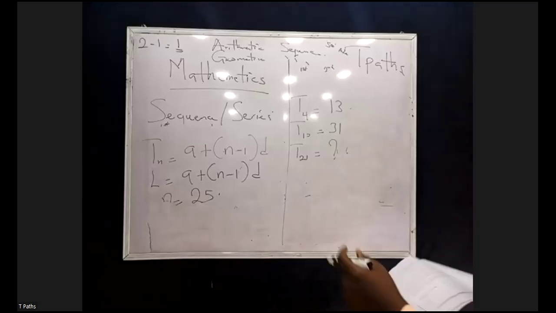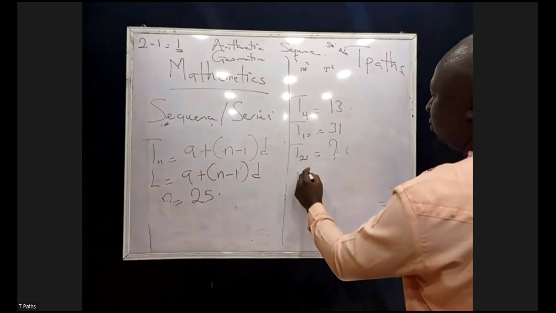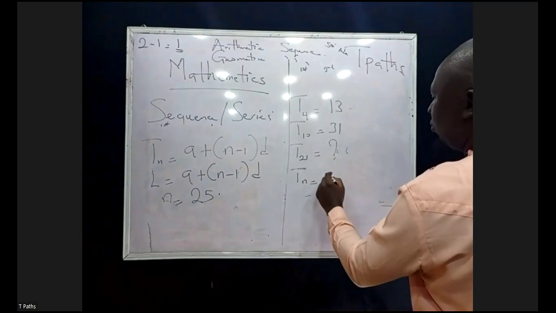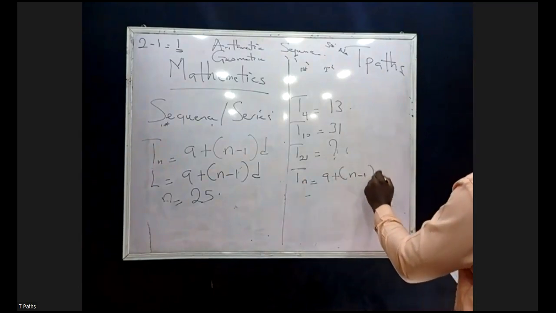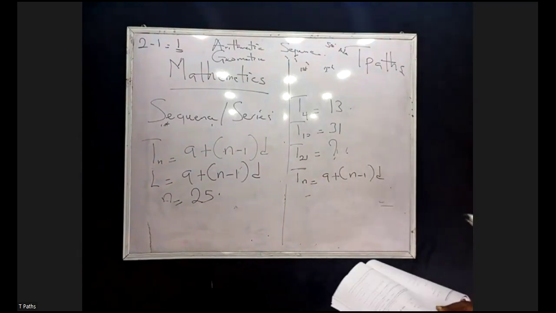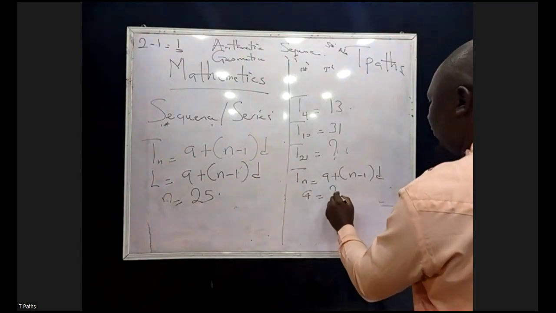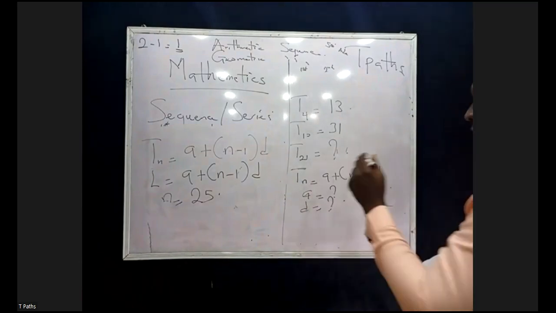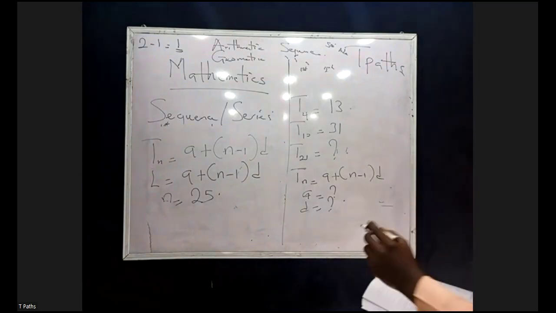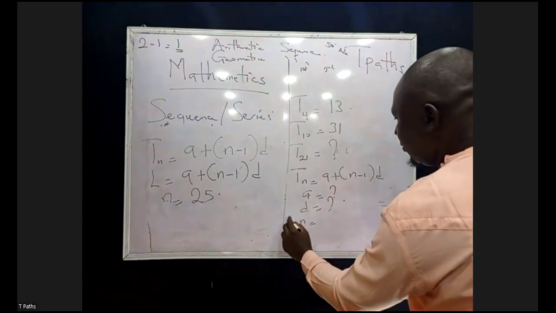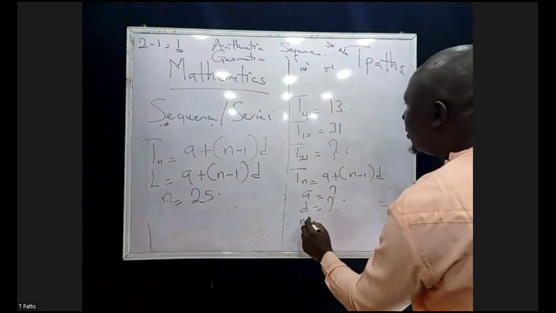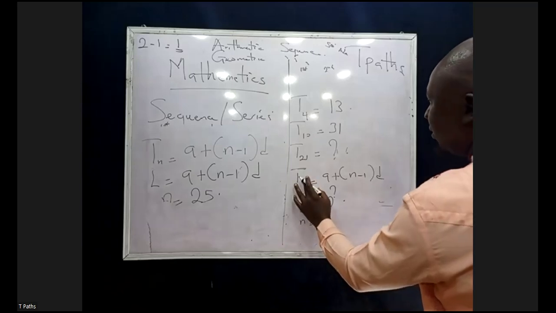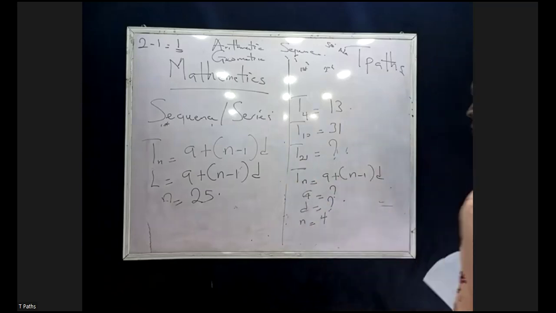Now, I told you that your Tn equals A plus (n minus 1)D. Now, we're not given A. A was not given. D was not given. But we are given n. Our n for the T4 is 4.